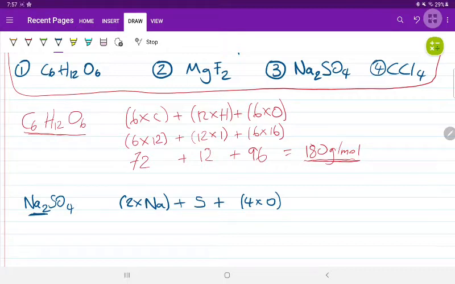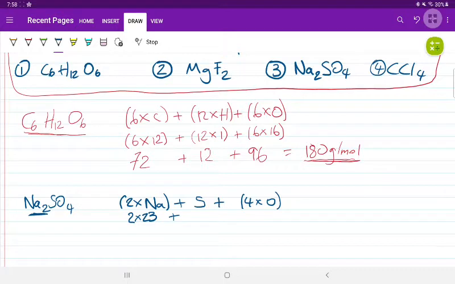So remember, you don't have to sit and study the periodic table. You don't have to sit and study the mass numbers for the atoms because those relative atomic masses will be given to you in your exam.